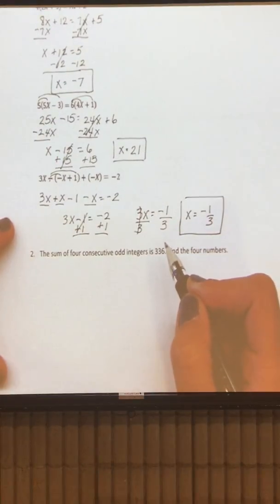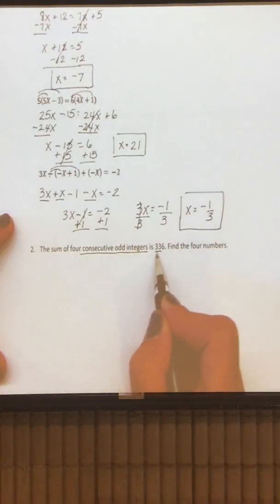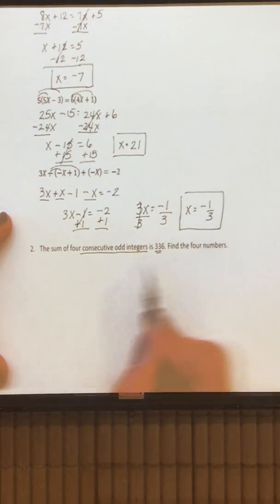Number 2, the sum of 4 consecutive odd integers is 336. Find the 4 numbers.